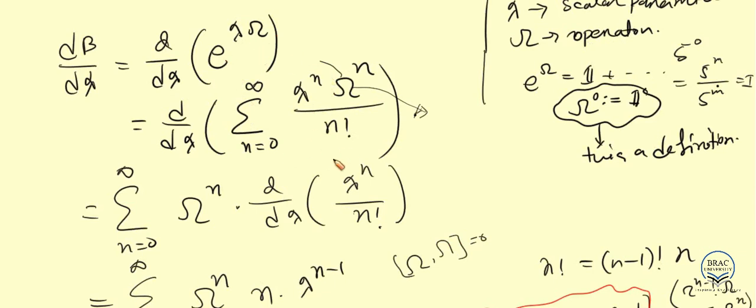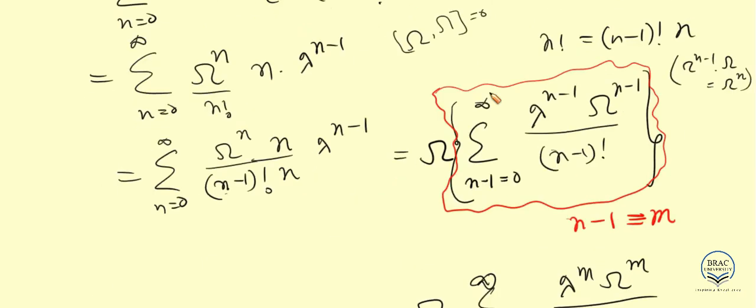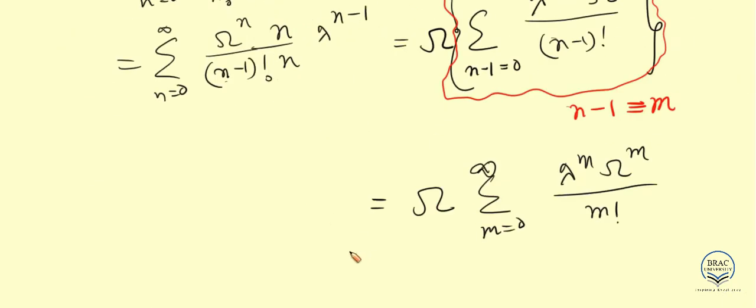If you look at these two lines, we came from this line to this line using the definition of an exponential of an operator, the exponential expansion, and we are getting the same thing over here. So finally we can write omega, and the thing in the parenthesis is nothing but e to the power lambda omega.